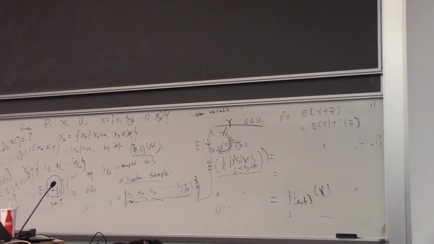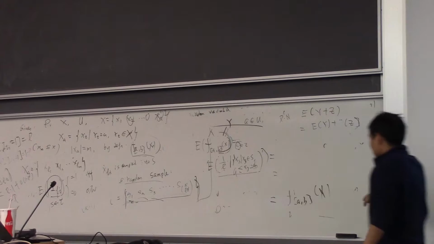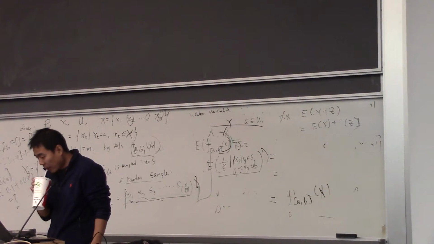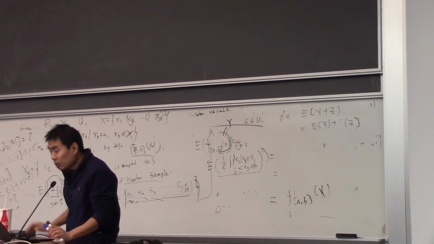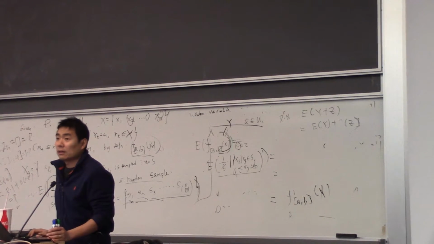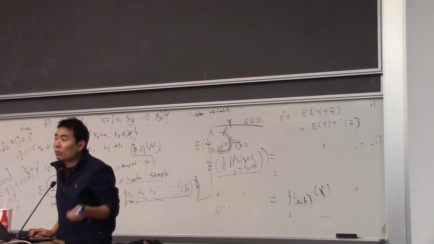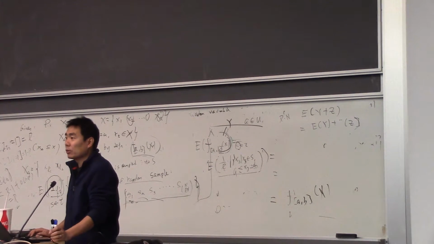So I push in the expectation operator, and that gives me this. And by definition, that gives me F_{A to B}(X). Okay? So that's the proof for this one. Once you understand the proof of 1, the proof of 2 is actually quite straightforward.